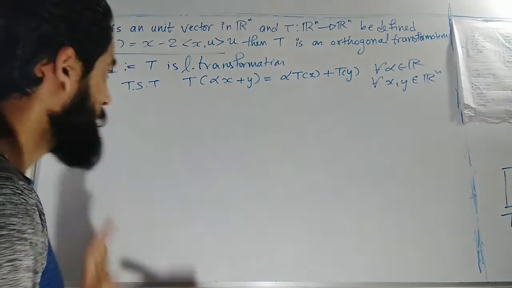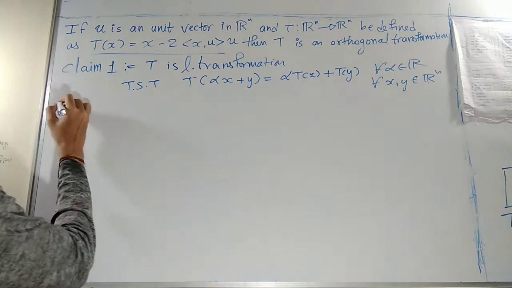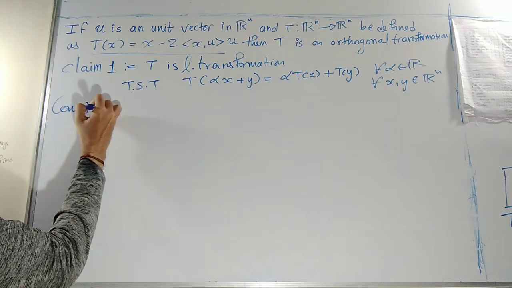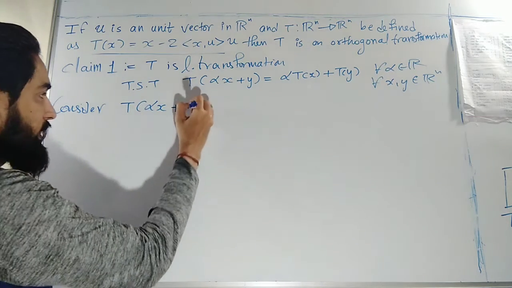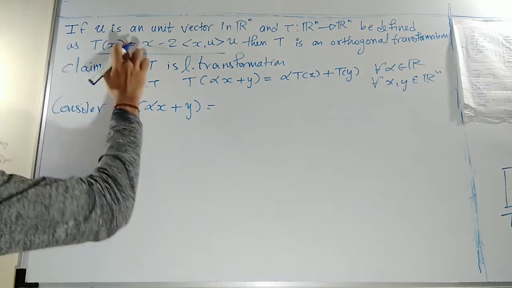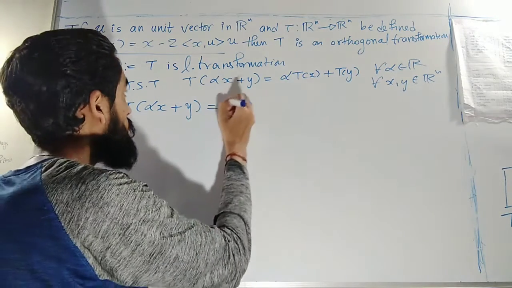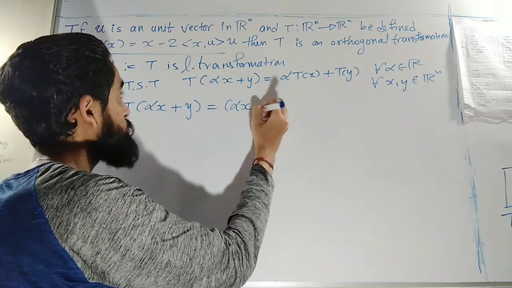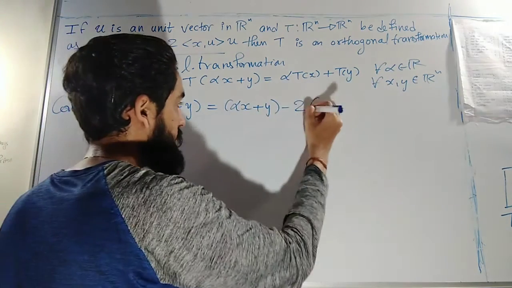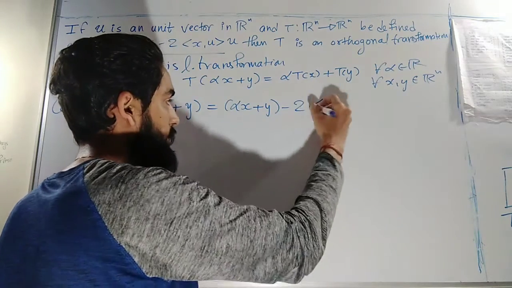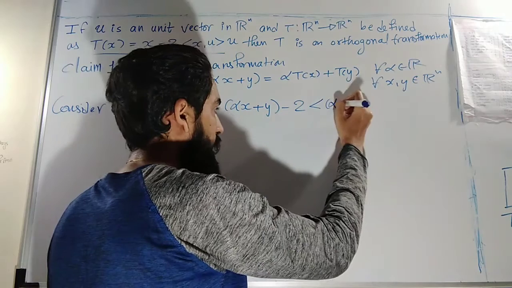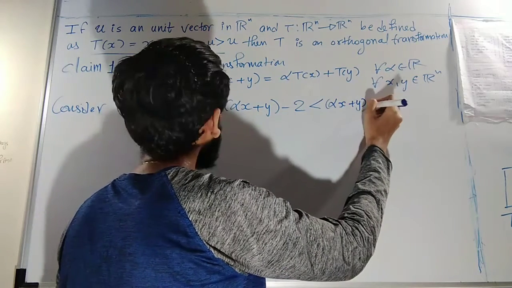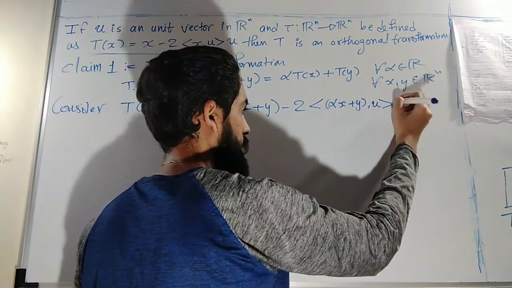Okay. So my claim is this: I will consider the left hand side. Consider T of alpha x plus y. That will be equal to what? By definition, it is equal to alpha x plus y minus 2 times, in the first coordinate, in the place of x, I write alpha x plus y comma u, then multiplied with u.